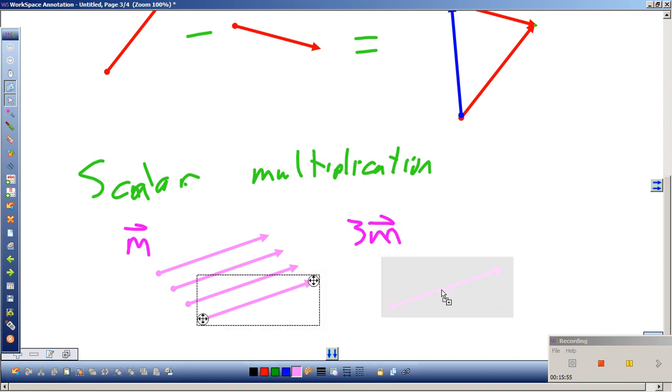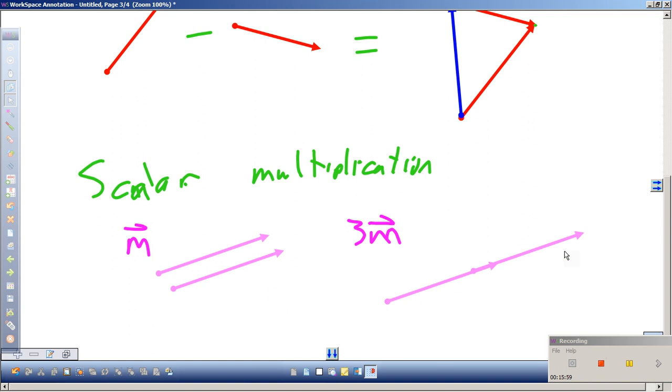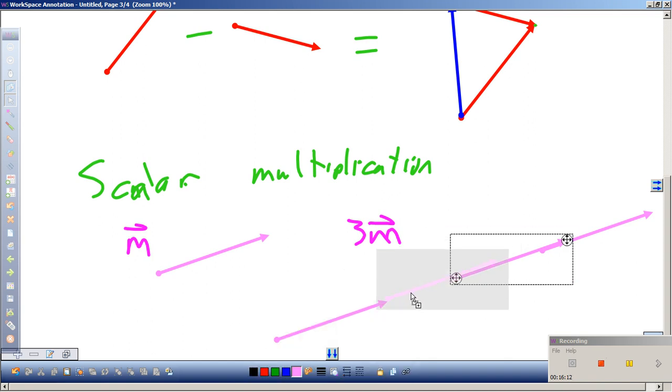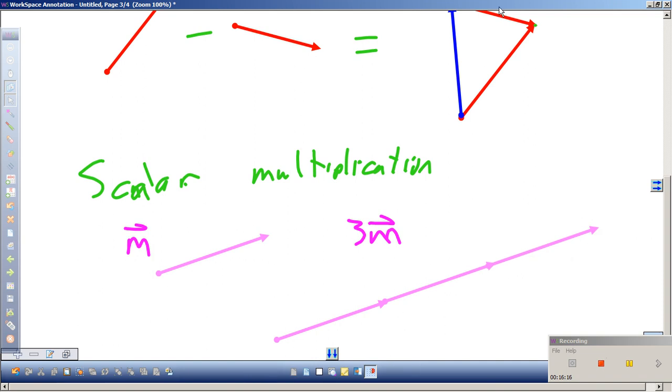So I start here and get this lined up. And 3. My resultant would be all the math together. So my resultant would be this vector.